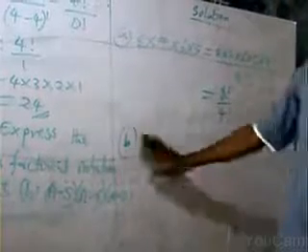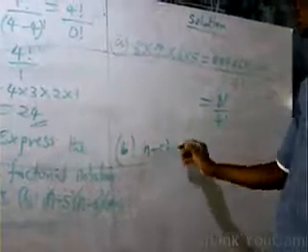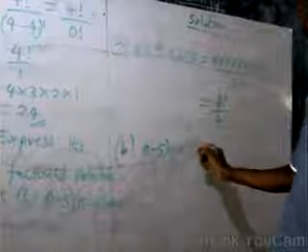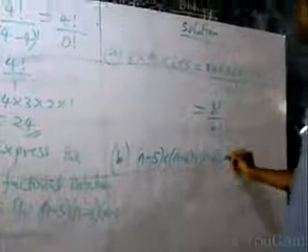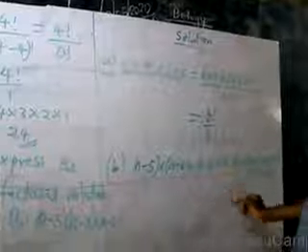Then the second one, which is B. Of course, n minus 5 multiplied by n minus 6 multiplied by n minus 7 is the same thing as n minus 5 multiplied by n minus 6 multiplied by n minus 7 multiplied by n minus 8 factorial, everything over n minus 8 factorial.